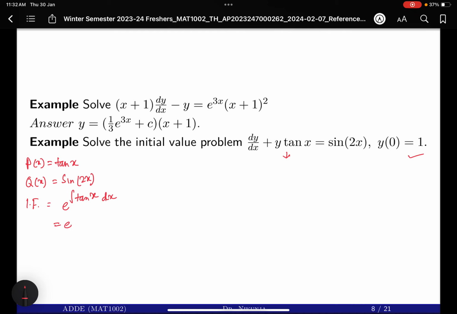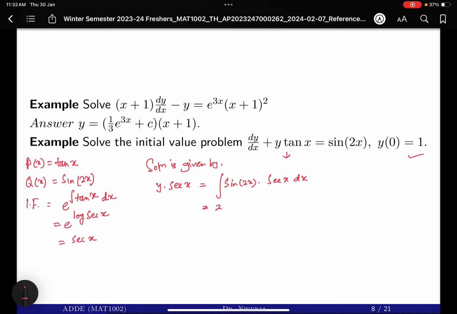dx. Okay, so here e power this integral of tan x is log of sec x. Okay, so here you will be getting sec x. So the solution is given by, basically the general solution, y into sec x equals the integral of q, which is sin 2x, so sin 2x sec x dx.